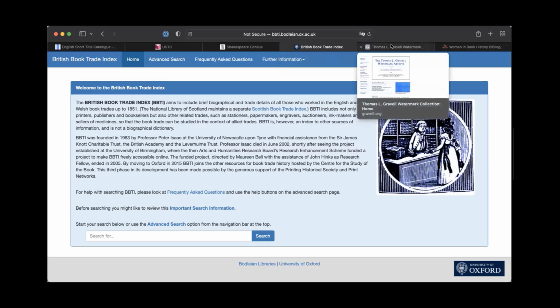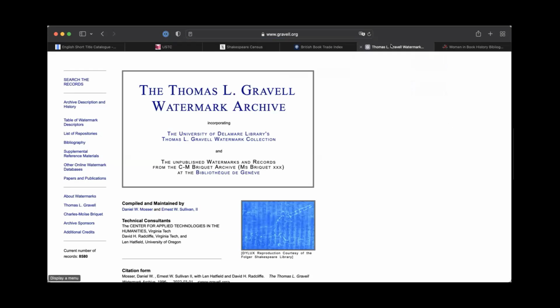There are a number of different watermark resources out there in both print and electronic, and today I'd like to highlight one in particular, the Thomas Gravell Watermark Archive. This database lets you browse watermarks by a predetermined set of descriptors and gives information about the item upon which the watermark was found. So if you're trying to figure out whether that squiggly animal is a unicorn or a stag, give this database a try.